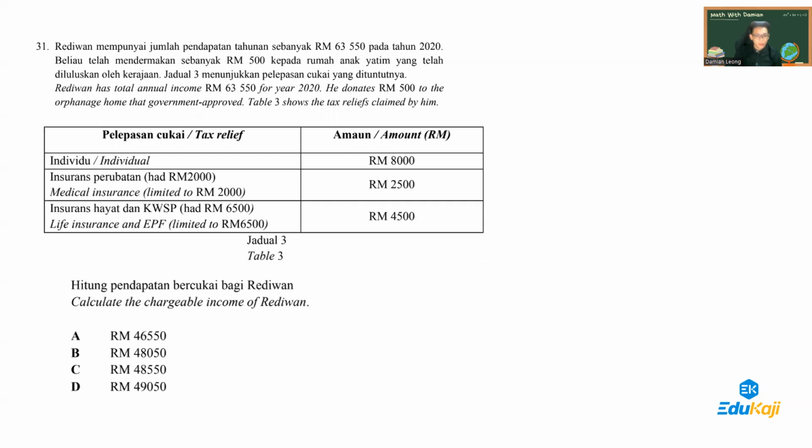So question 31, chargeable income of Ready One. Ready One has total annual income 63,550. He donates 500 to the orphanage home, and that government has approved. So this is the tax relief that he claims.